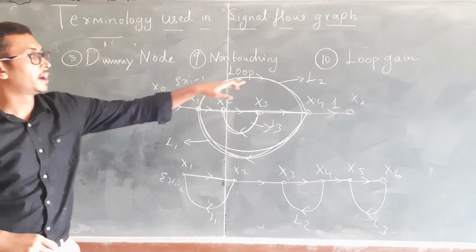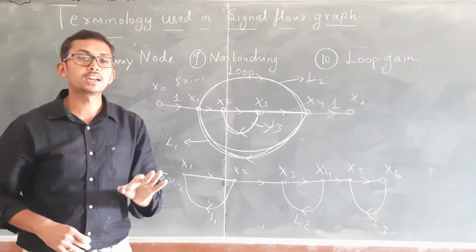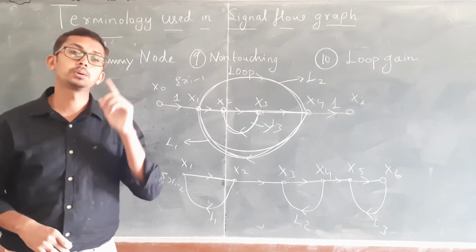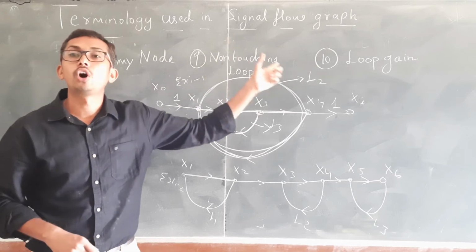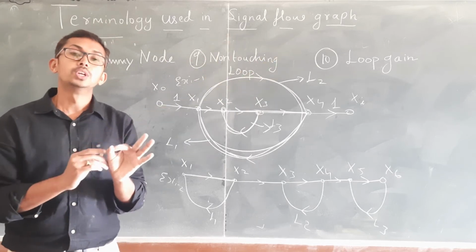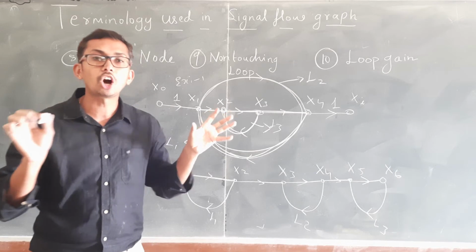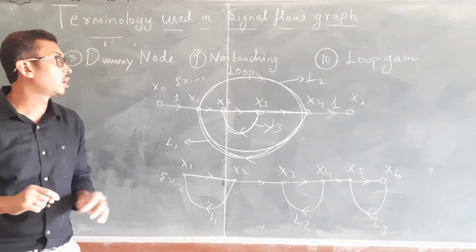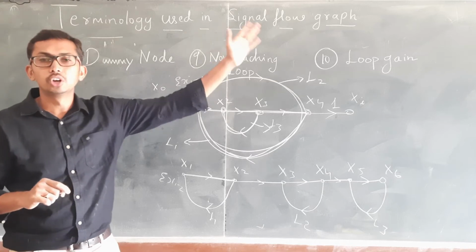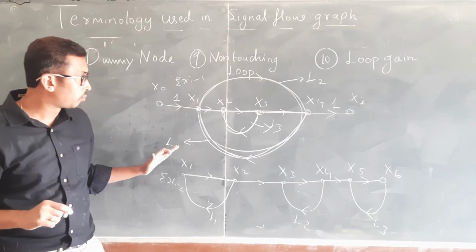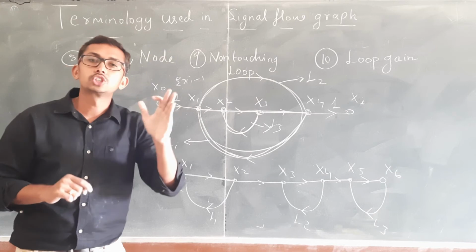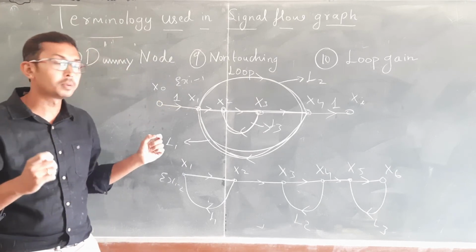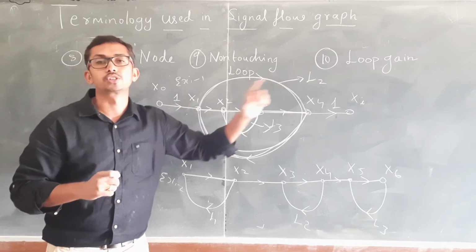Hence, loop 1 and loop 2 are touching loops. Non-touching loops are loops that do not have any common nodes between them.